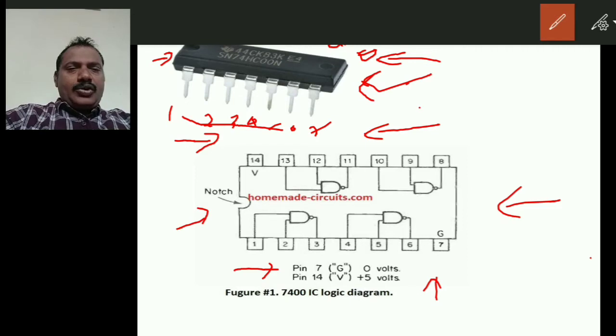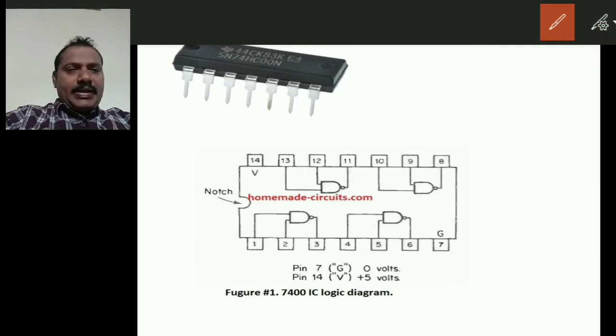This is the 7400 IC. It has 4 NAND gates integrated onto a single piece of semiconductor material. Let us take the first NAND gate. Here pins 1 and 2 are input pins, and the third pin is the output pin.